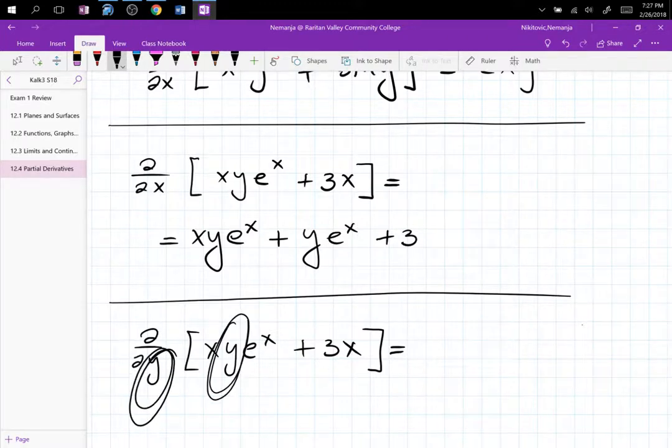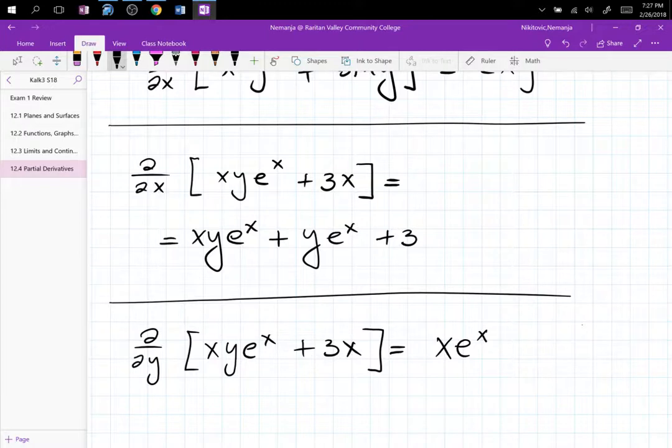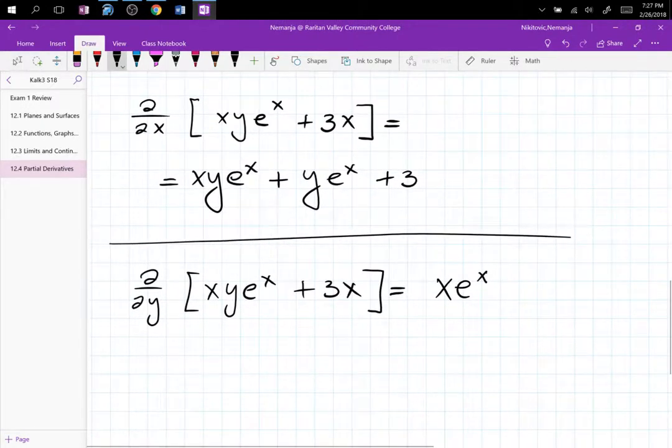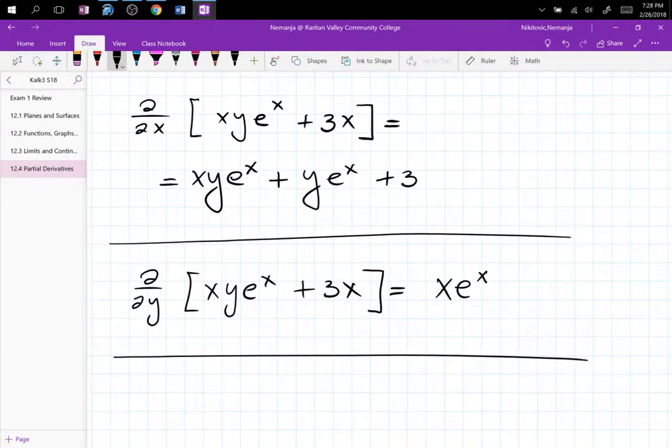Look. Same problem. In respect to y, we have the derivative of y is 1, so x e to the x, and then this has no y's, so it's all constant. Derivative of constant is 0. It's dead. That's it. Maybe you want to start these two examples because it's the same function with a different partial derivative taken.